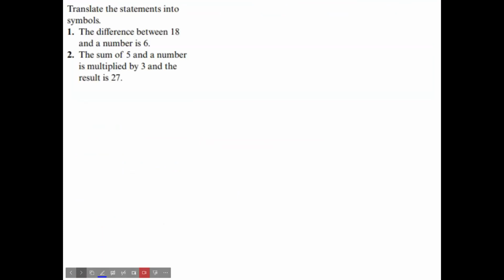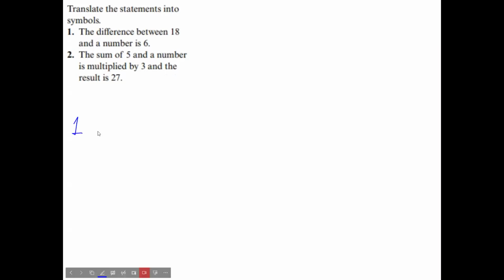Okay, try this one. So the first one, difference stands for minus, right? 18 and the number.